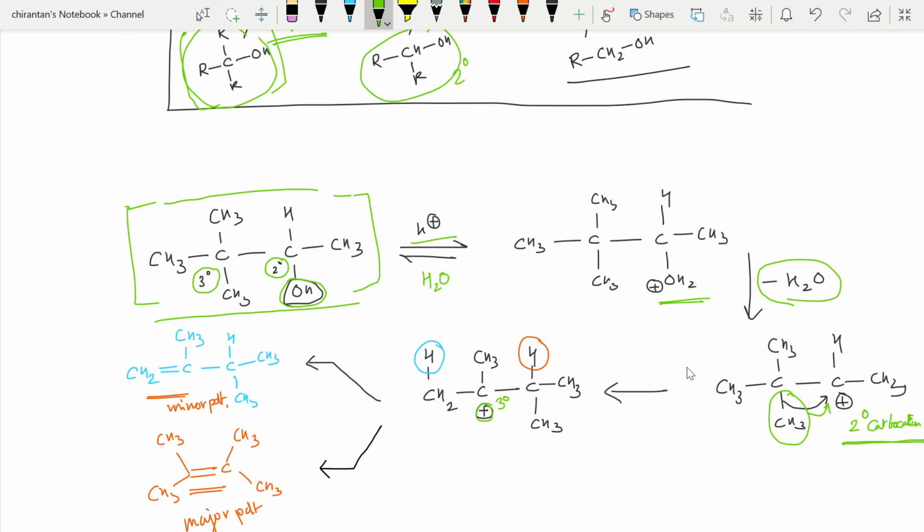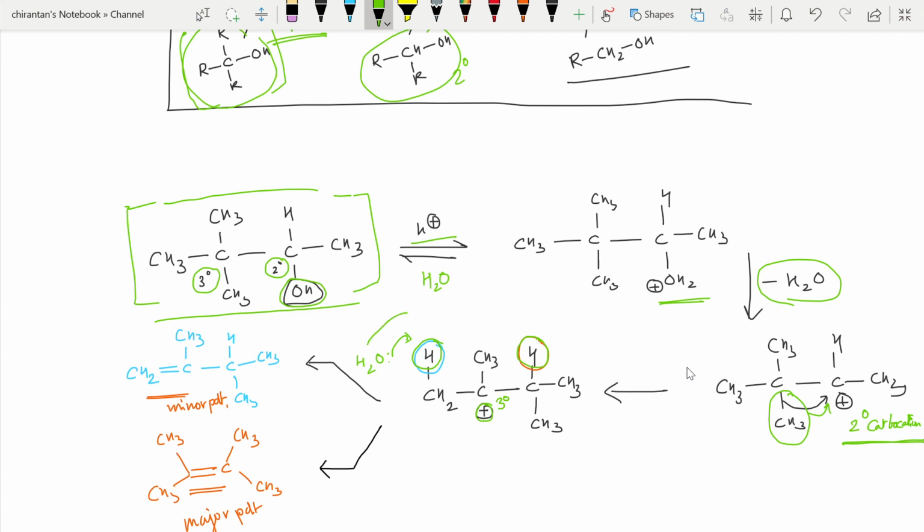Now, as we have a 3-degree carbocation, the reaction can go forward to give the product alkene. But here also we have a little bit of confusion. This is not a confusion in terms of science, but here we can see that two protons are there, and the H2O molecule, which is acting as a base here, can take either of these two protons.